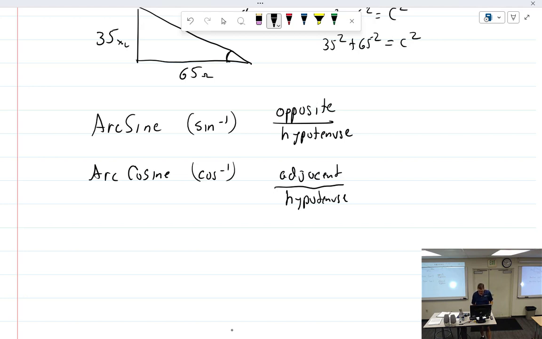And last but not least, arctangent, or tan minus 1, is opposite divided by adjacent.